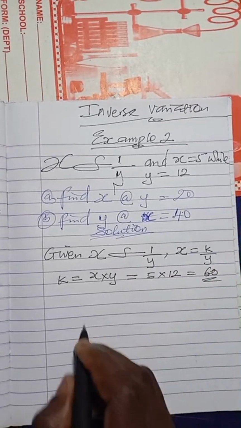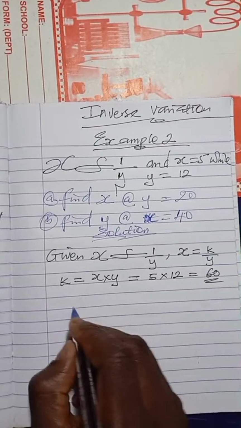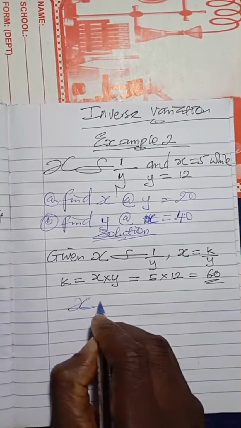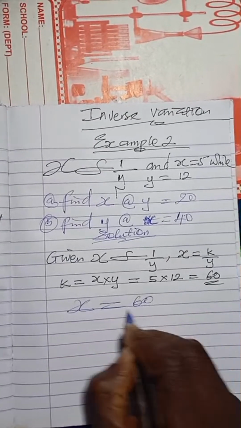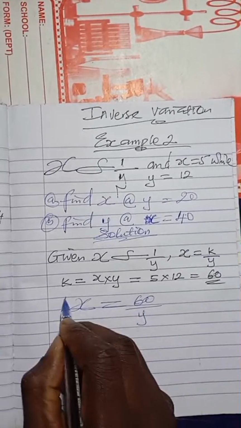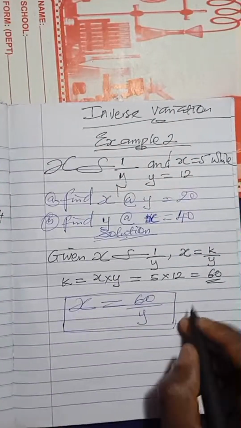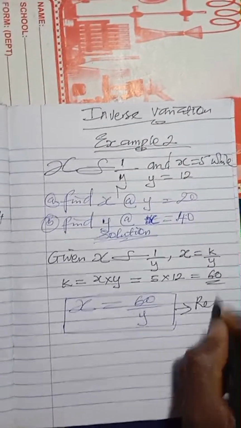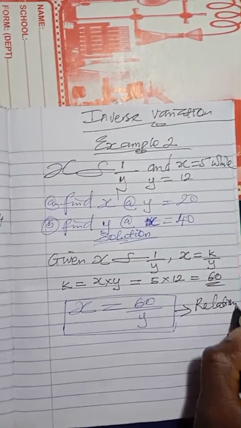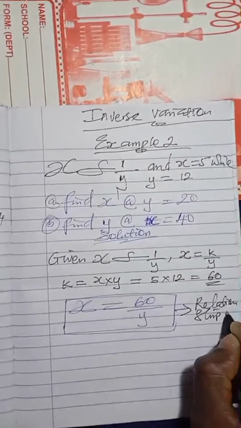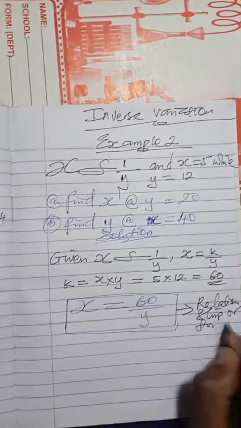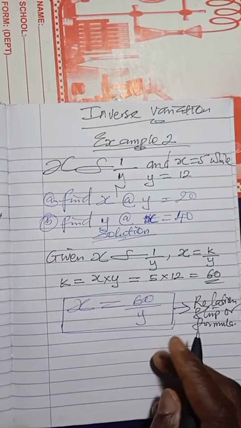So put it back. We are going to have x is equal to 60 over y. This will be your relationship, or call it formula.